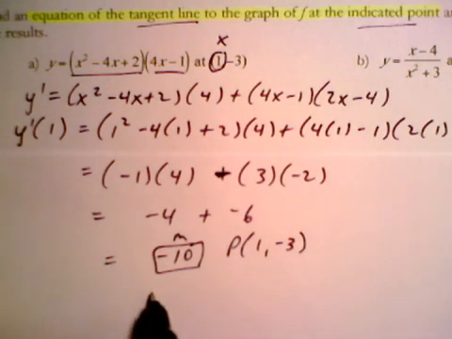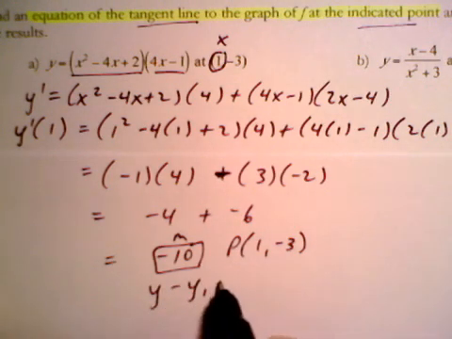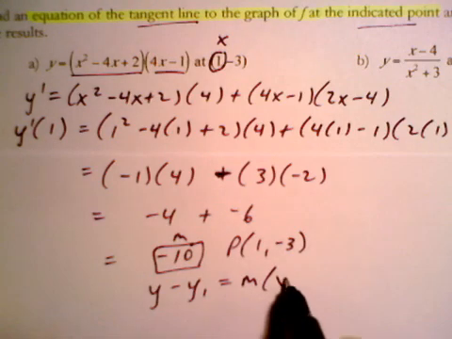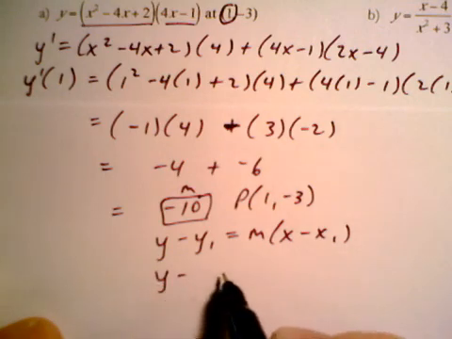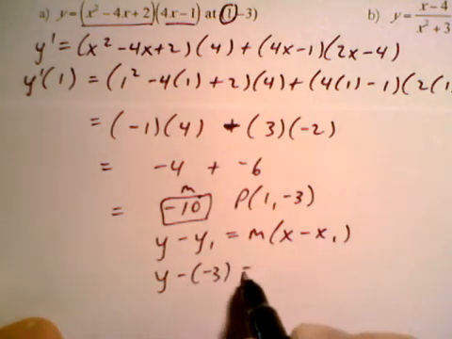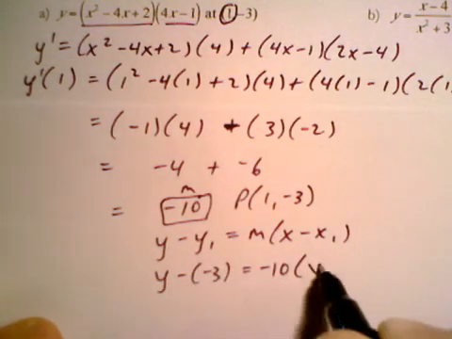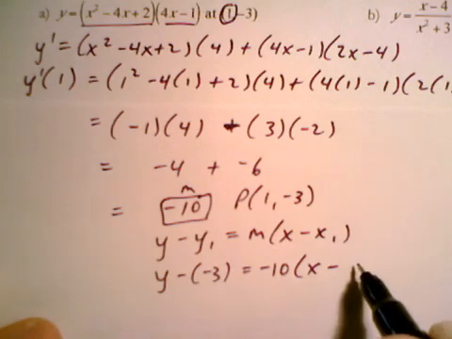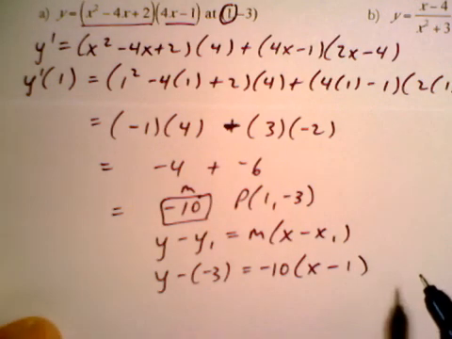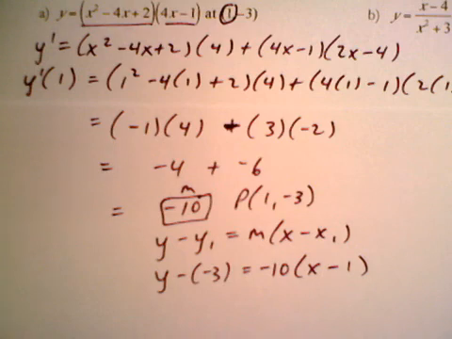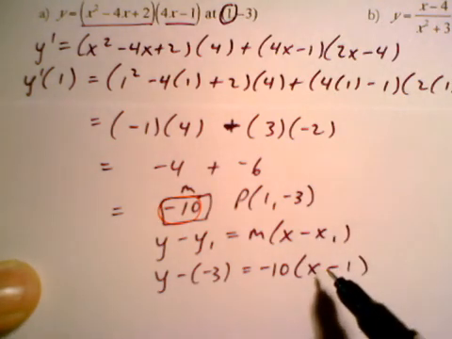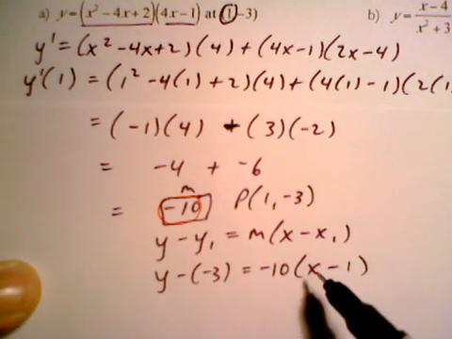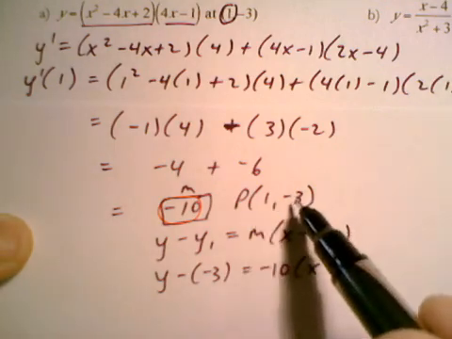So therefore, we know that since y minus y1 is equal to m times x minus x1, we're just going to replace the y1 with the negative 3, the m with the negative 10, and the x1 with 1. Okay?